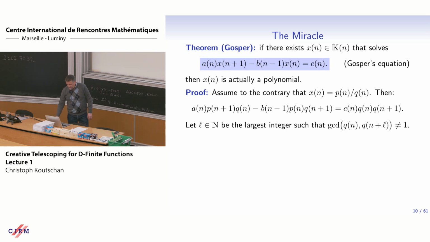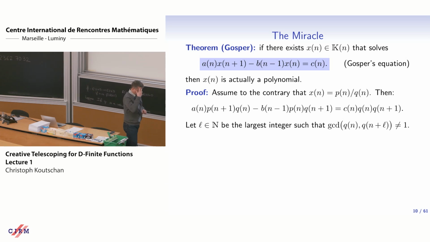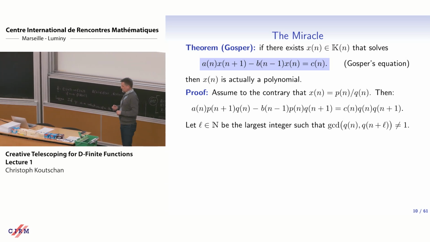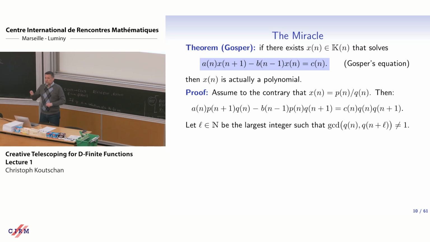Now let's see what happens. We define L to be the largest integer such that the denominator of this imaginary x has a non-trivial GCD with its L-th shift, right?